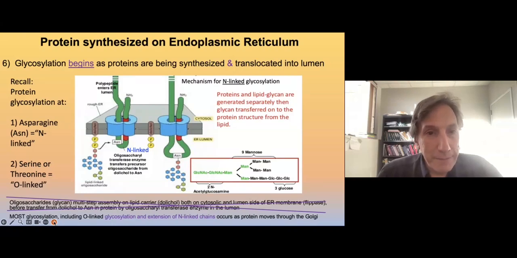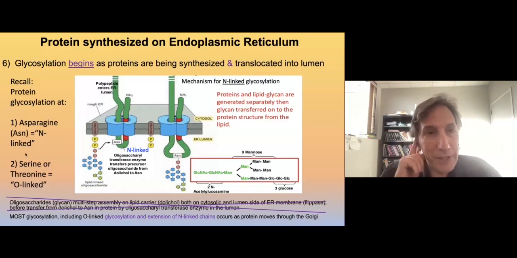Glycosylation that happens on the amino acid asparagine is called N-linked. And then there's also glycosylation that happens on serine or threonine. That's O-linked. It's a nitrogen in asparagine and an oxygen in serine or threonine that gets the oligosaccharide. But we won't talk about this now. We're just going to focus on the N-linked ones, because the N-linked ones initiate in the ER, and the O-linked ones initiate later in the Golgi.